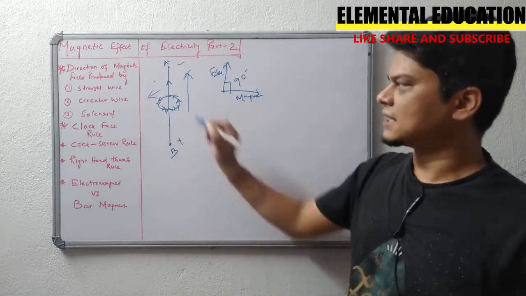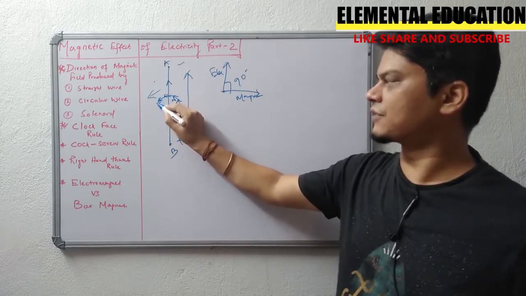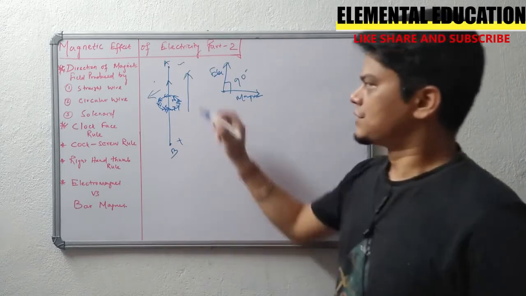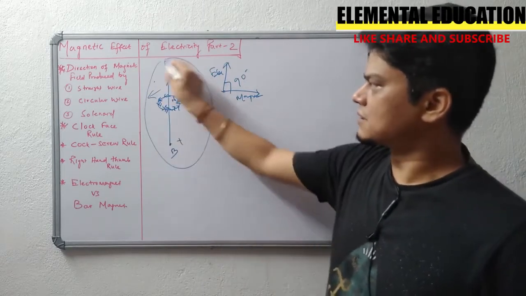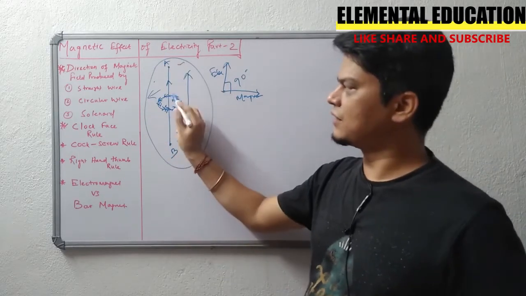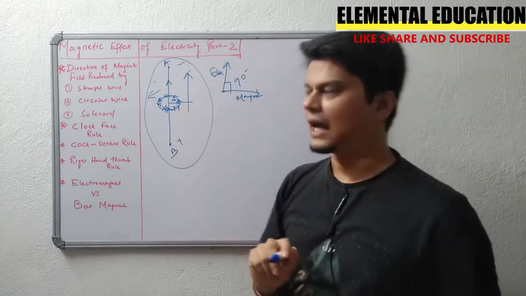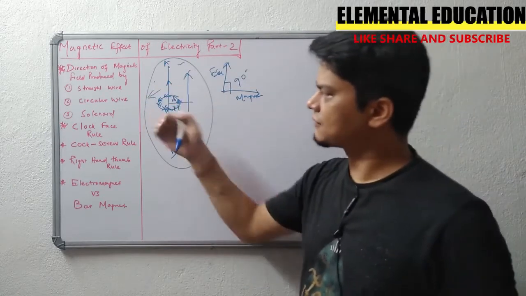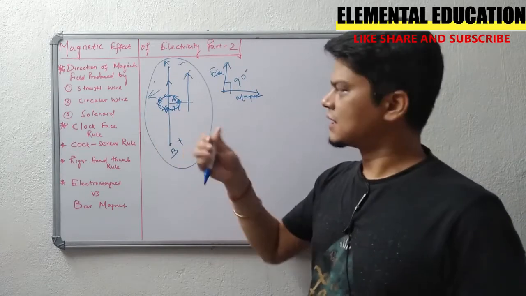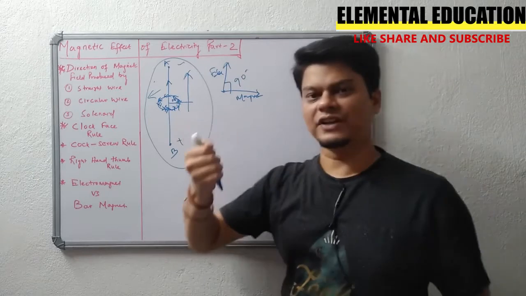That means the magnetic field is from north to south, right? So the direction of the magnetic field is this way. So we knew from this, whenever there is a current flowing conductor, the magnetic field is always perpendicular to the direction of flowing current, and the direction of the magnetic field, if you take the right hand thumb rule, is along the folded fingers.